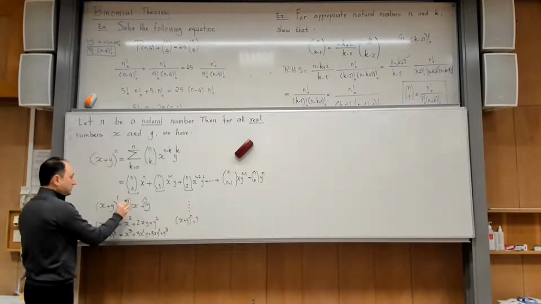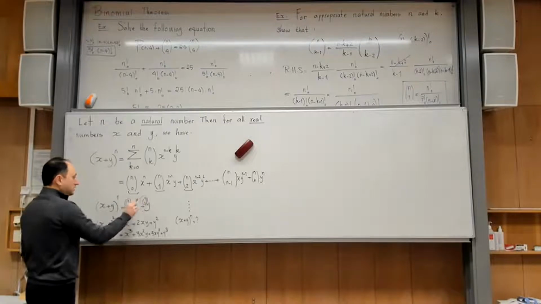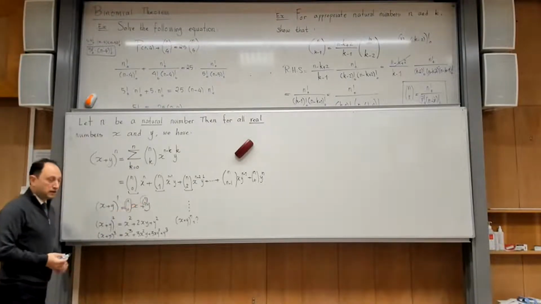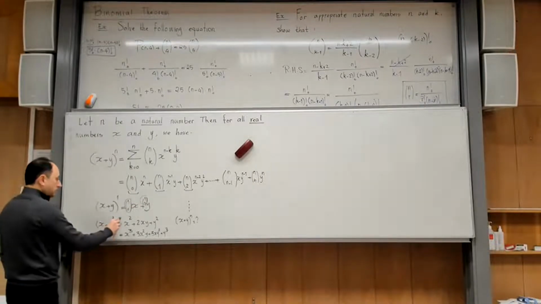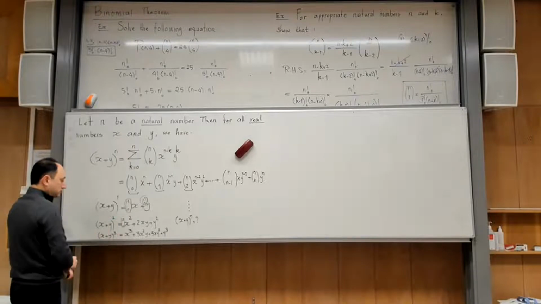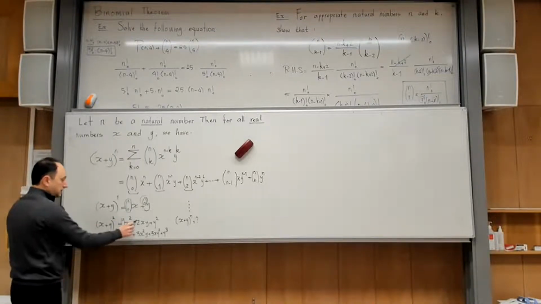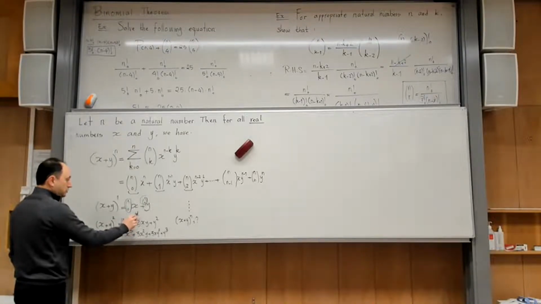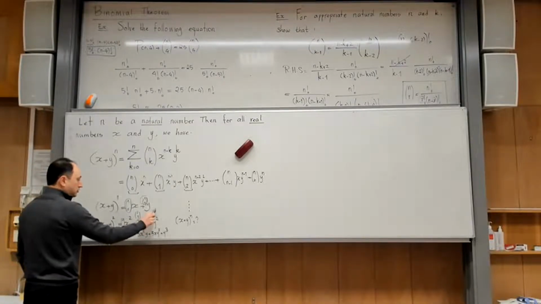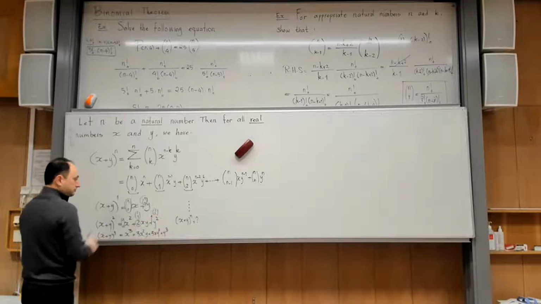If you are patient enough and calculate these two, both are exactly 1. When it comes here, n is 2, so these numbers are 2 choose 0, 2 choose 1, and 2 choose 2.